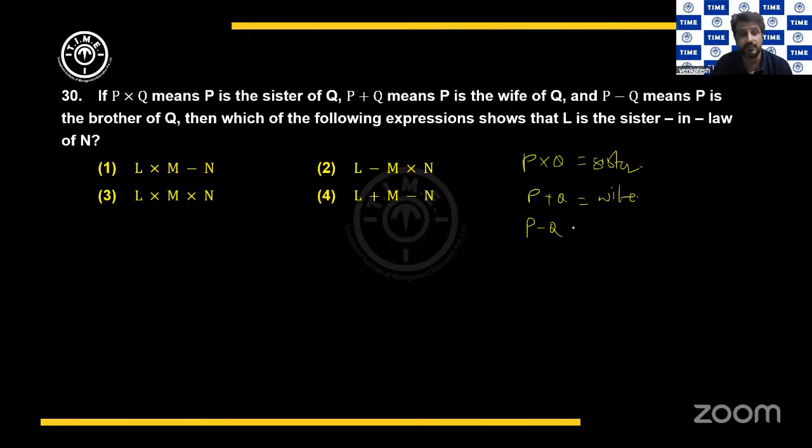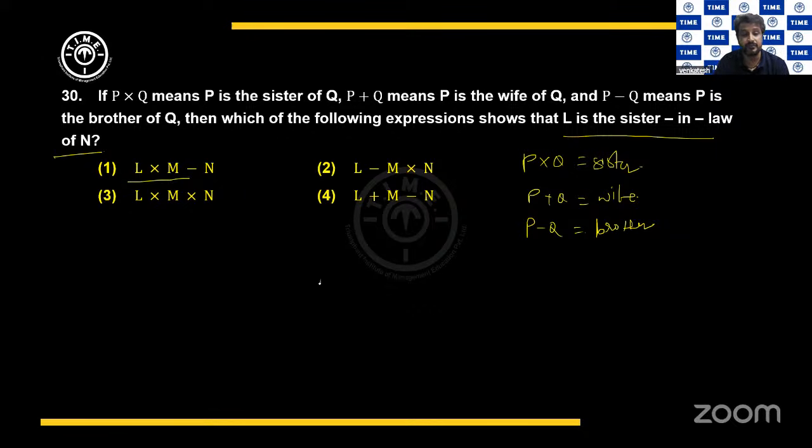P minus Q means P is the brother. Then which of the following expressions? L is the sister-in-law of N. So we have to substitute each and every option to cross-verify where we have L is the sister-in-law of N. First go ahead with L cross M.